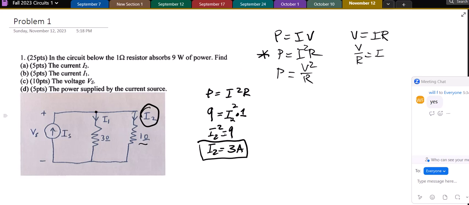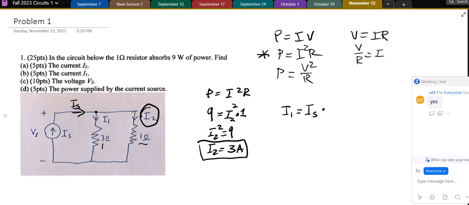So we see that I1 and I2 are in parallel, and current division shows us that I1 equals the total current. Well, the total current would be IS times the other resistance.